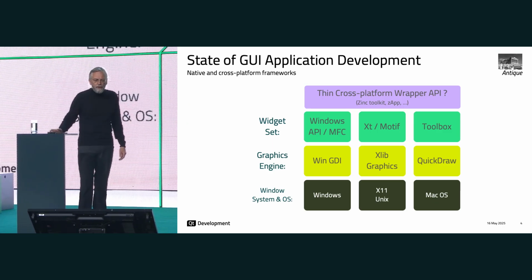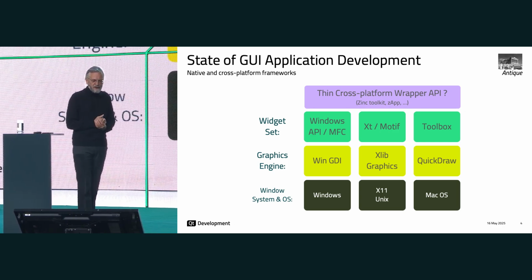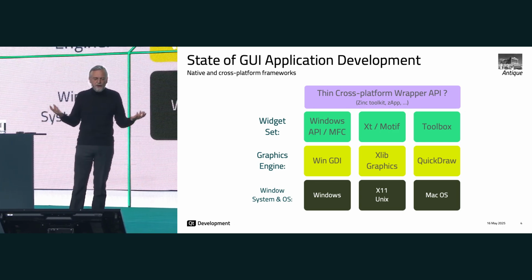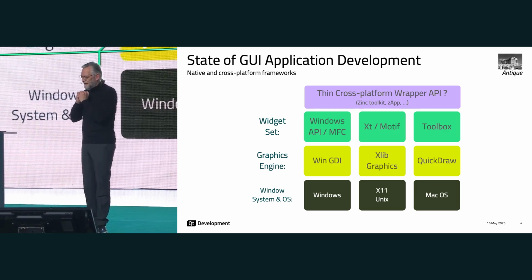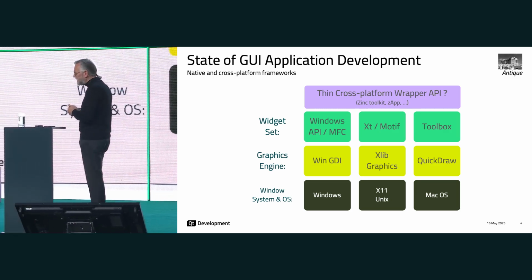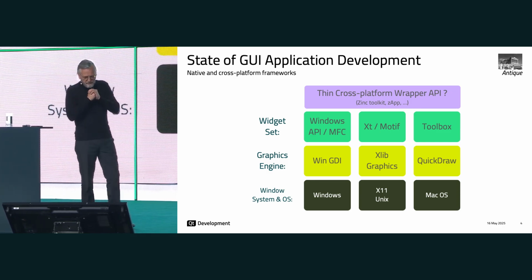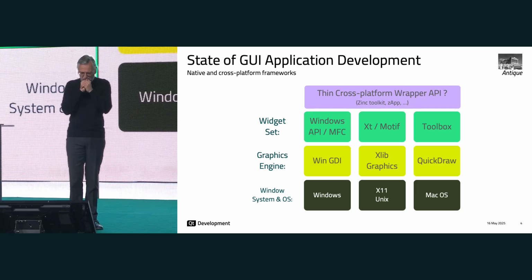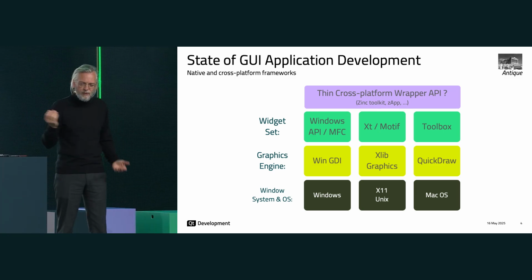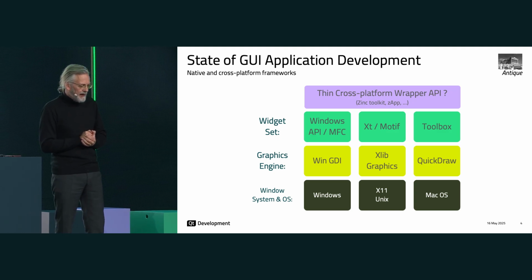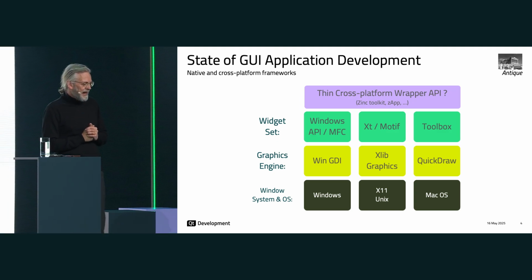So for software developers, the world looks like this: the different Windows systems have different APIs. Different widget sets, meaning the collection of buttons and menus and so on, like Microsoft Foundation Classes on Windows, or the Xt or Motif widget sets on Unix X11.